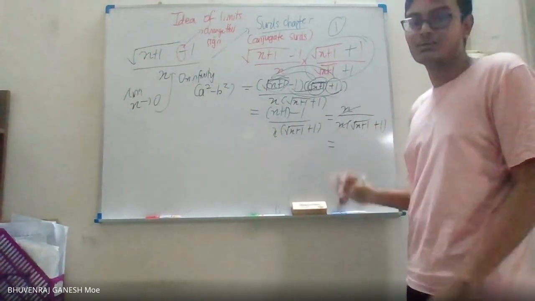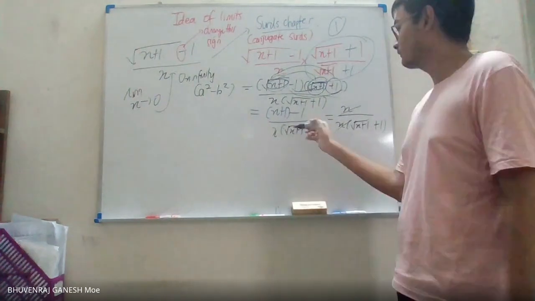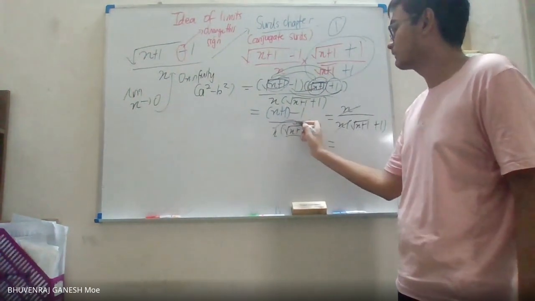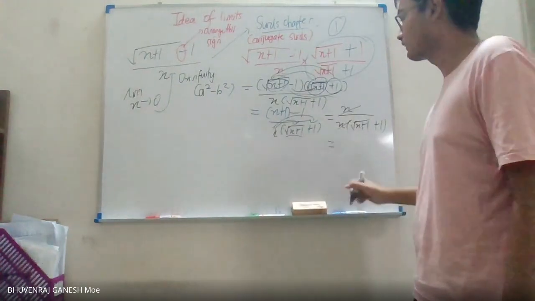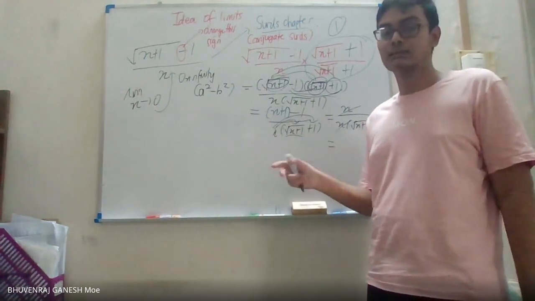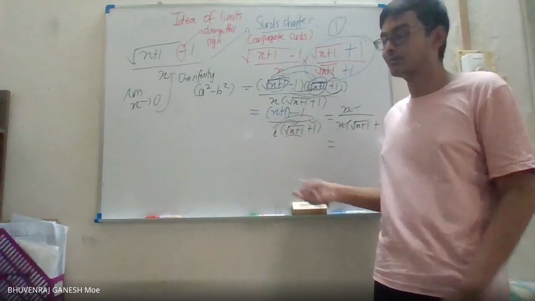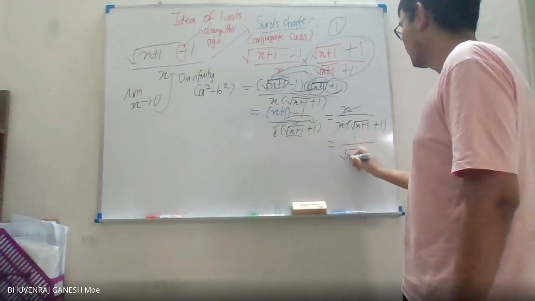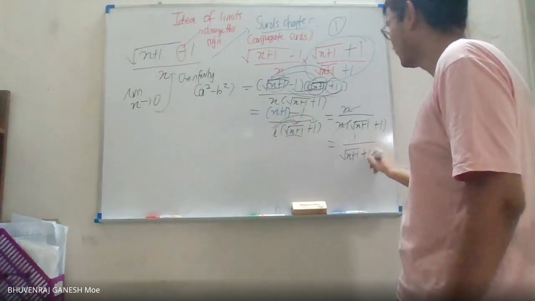That's why we always maintain the surd here and don't expand the variable inside, because you'll make your equation more complex. Anything you expand means it's getting more complex. So you get 1 over surd x plus 1 plus 1.